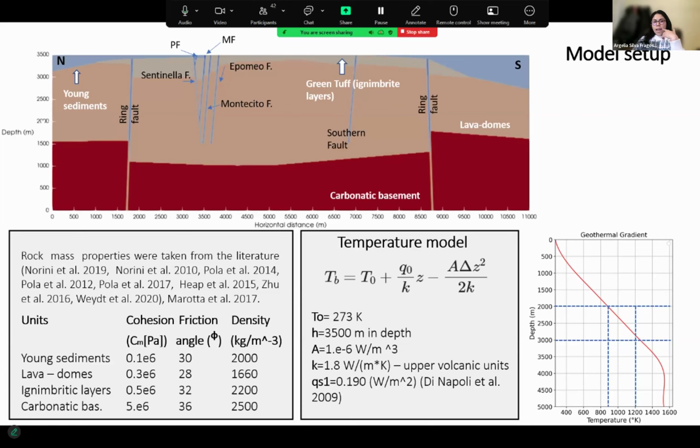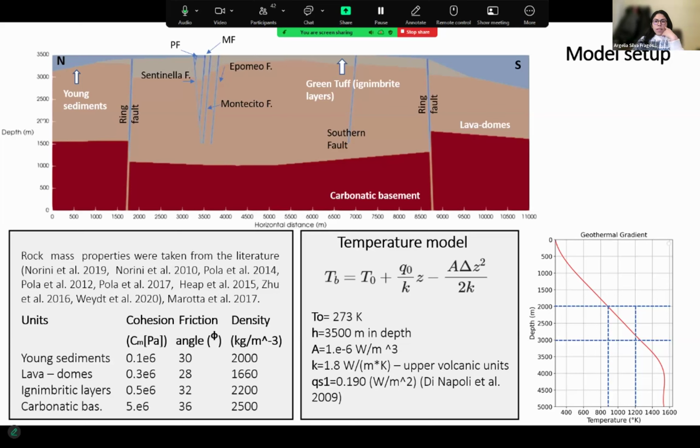First of all, I took all the values, especially the cohesion and the friction angles, also the density, which didn't change so much, from all the literature that considers the presence of volcanic rocks with some hydrothermal alteration and rocks similar to those that we have in the area.